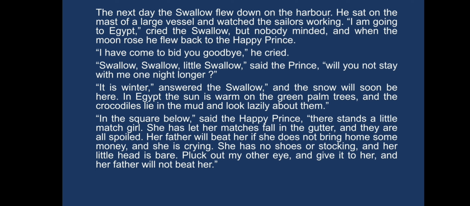Further, the happy prince said that she was not wearing shoes or stockings, and she had not covered her head. She was very poor. So he said to the swallow to take out another sapphire from his eyes and give it to her, so that her father did not beat her.